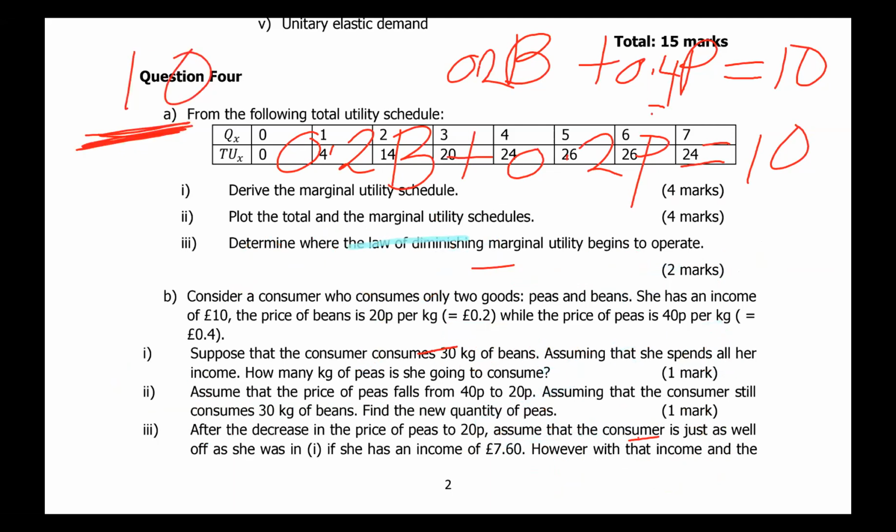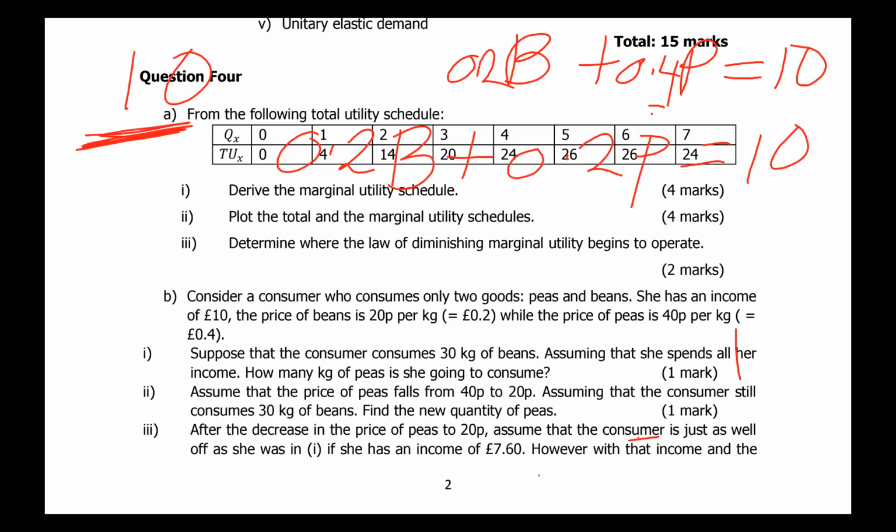All right. Question number 3 says, after the decrease in the price of peas to 0.2, assume that the consumer is just as well off as she was in 1.